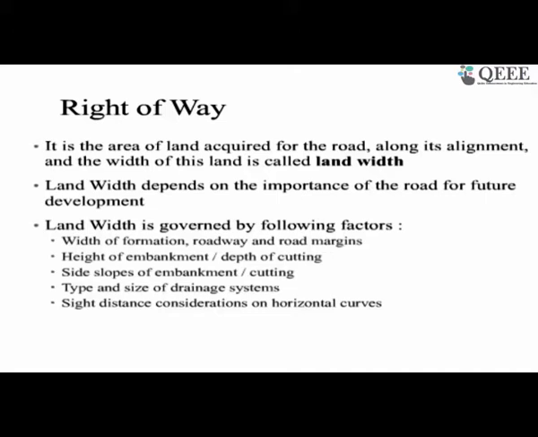So the type and size of drainage system means if you require a bigger size drainage system which requires more water to flow, then definitely you need wider right of way, because that drainage is considered in the margin, and the margin along with the roadway width is going to give you the right of way. And the other part is the side distance. While you are considering the side distance on a horizontal curve, you will see as we progress.